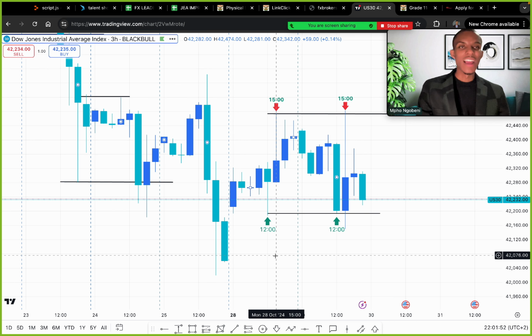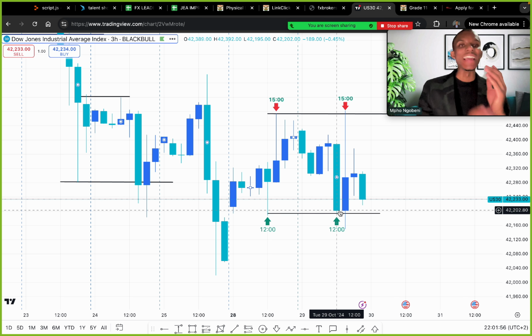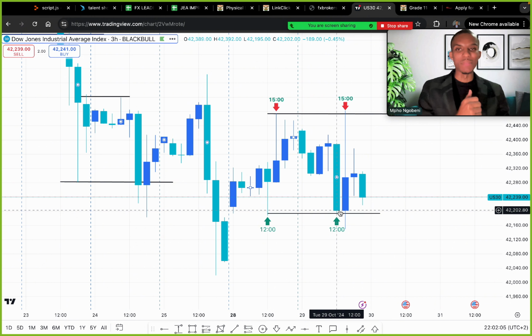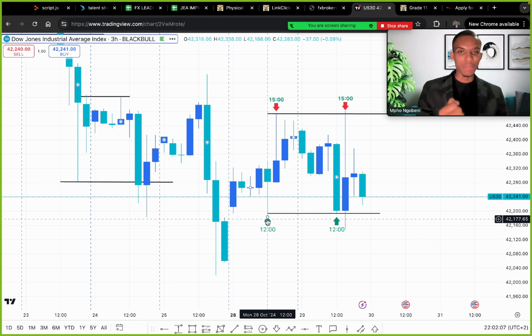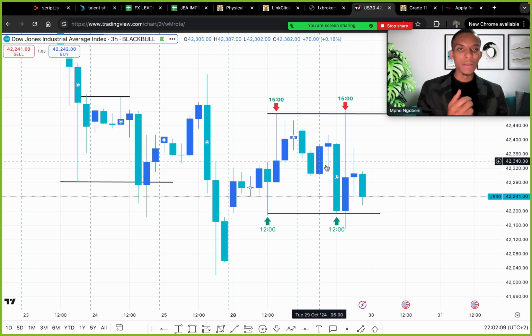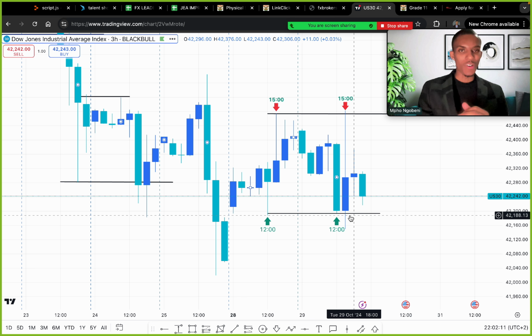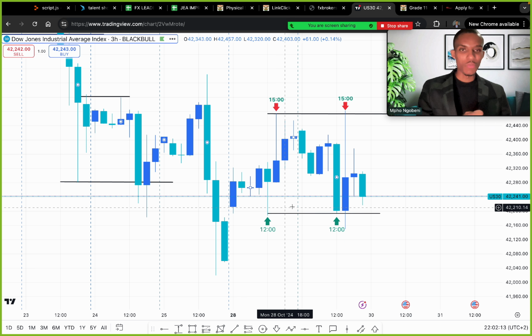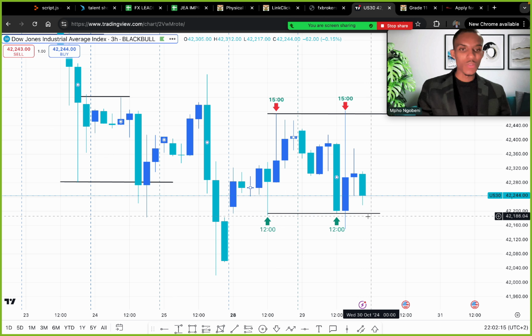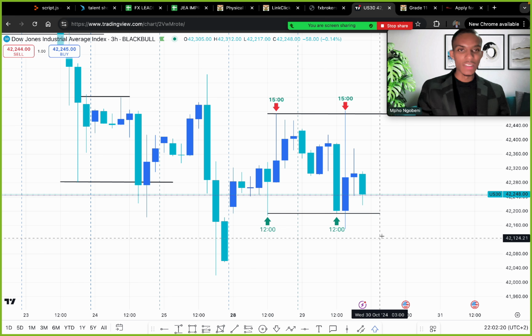As you can see how it works, it must reject this again the following day. If it takes a long period of time, the chances of it working become slimmer and slimmer. So make sure that if the low came at 12 o'clock, it must come back at 12 o'clock for the low. And we see that we have 12, so we might be looking for 12 again to reject.